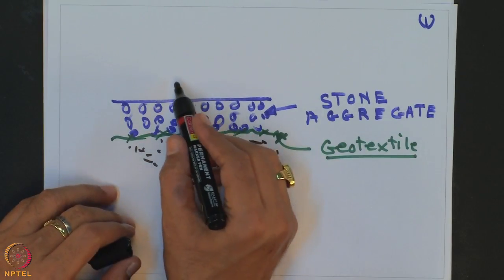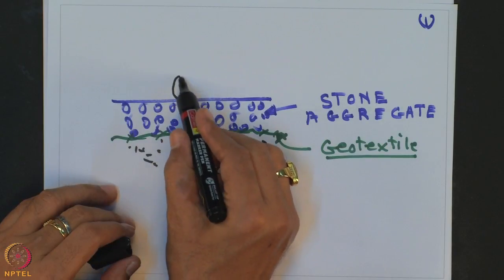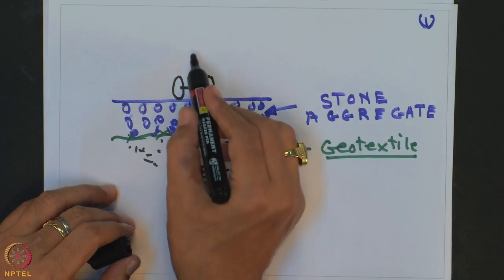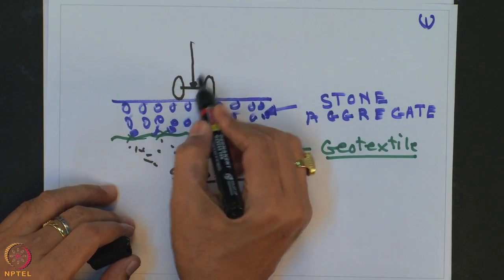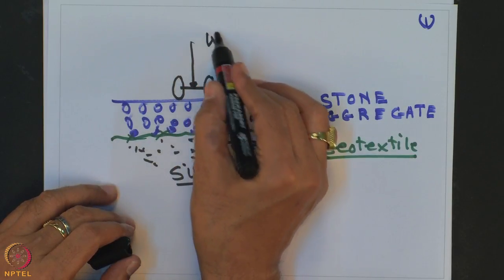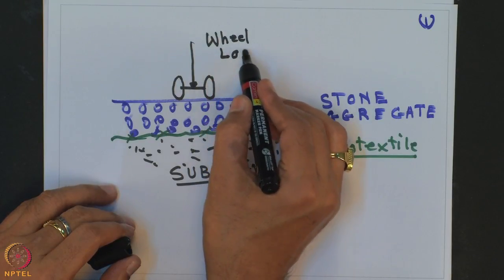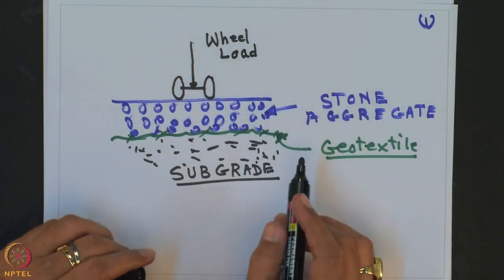And when you apply the wheel load here, this is the wheel load you are applying on the road. Okay.